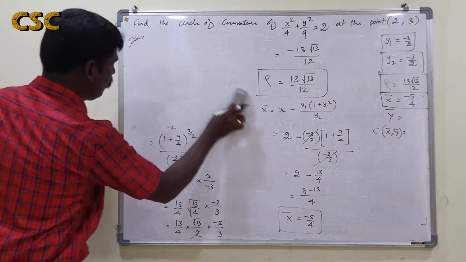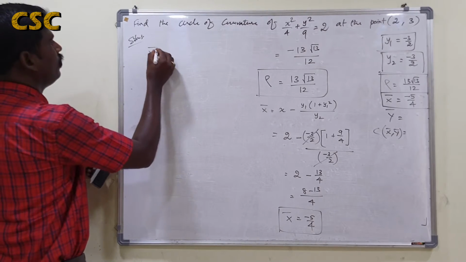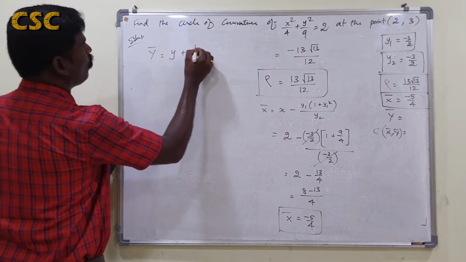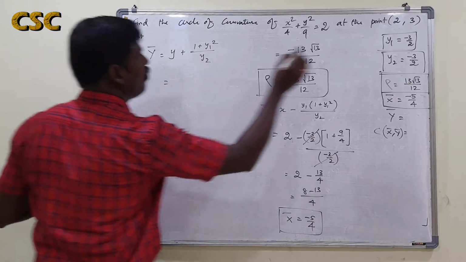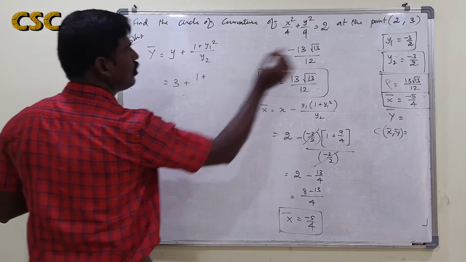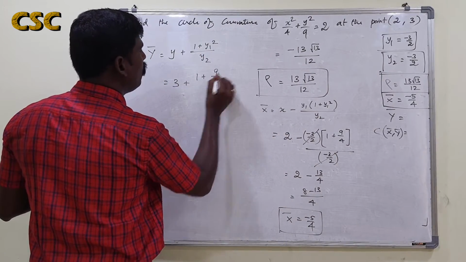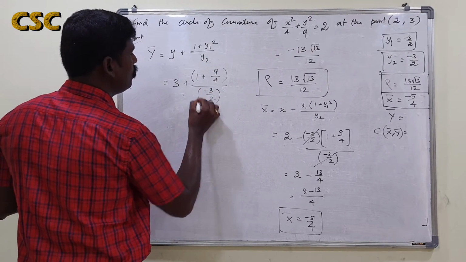And then, what is the value of y bar? y bar is equal to y plus 1 plus y1 square by y2. The value of y at the point is 3. So 3 plus 1 plus y1 square, which is 9 by 4, divided by y2, which is 3 by 2.